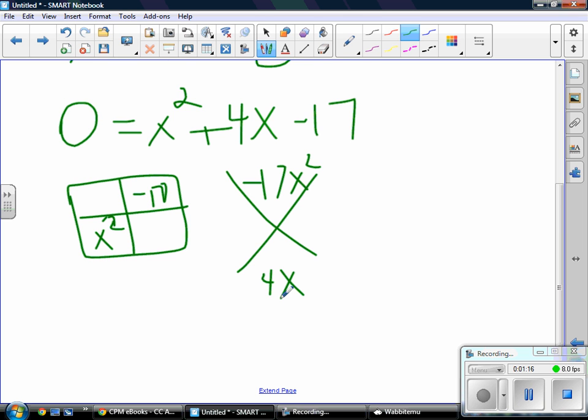Now, thinking of things that multiply to get us to negative 17, there's only one thing that multiplies to get to 17, whether it be positive or negative. 1 and 17. 17 is a prime number. I can't do anything with these numbers to get me to 4, so because I can't solve the diamond problem, it's not factorable. Now that does not mean that there aren't any x-intercepts.